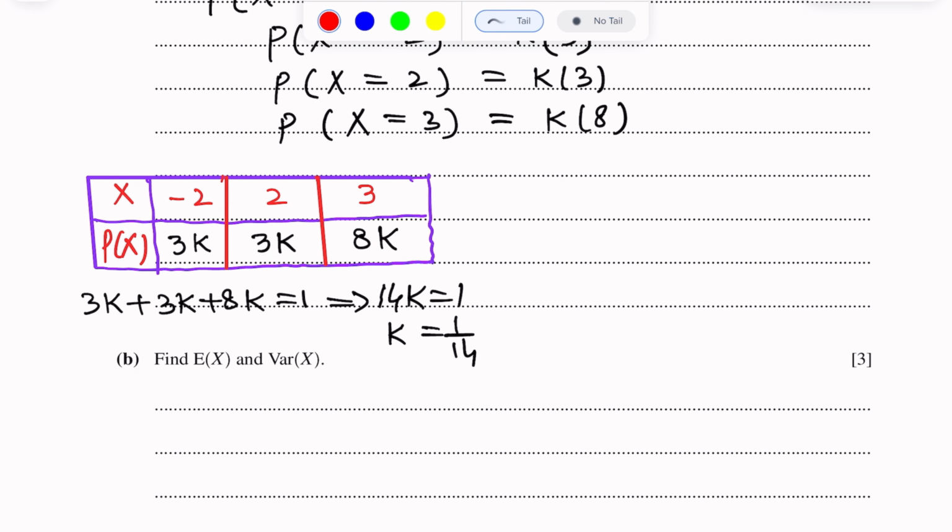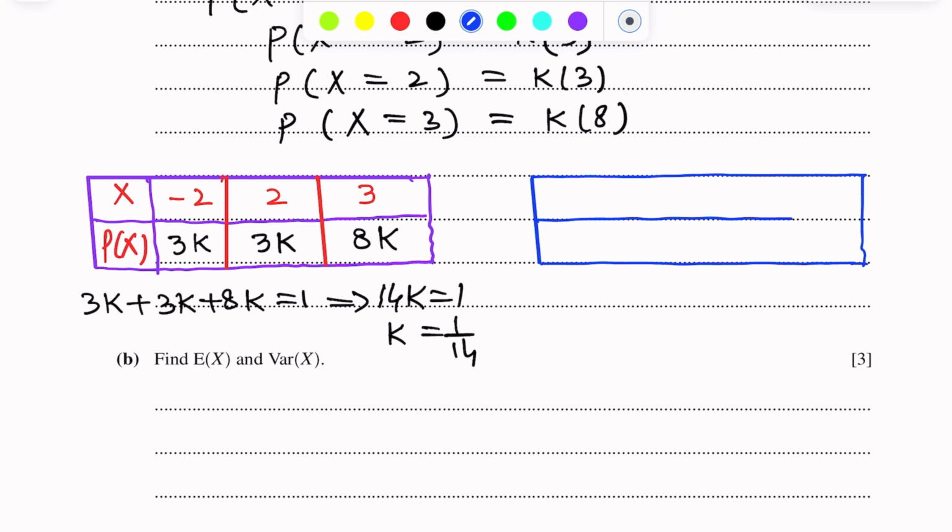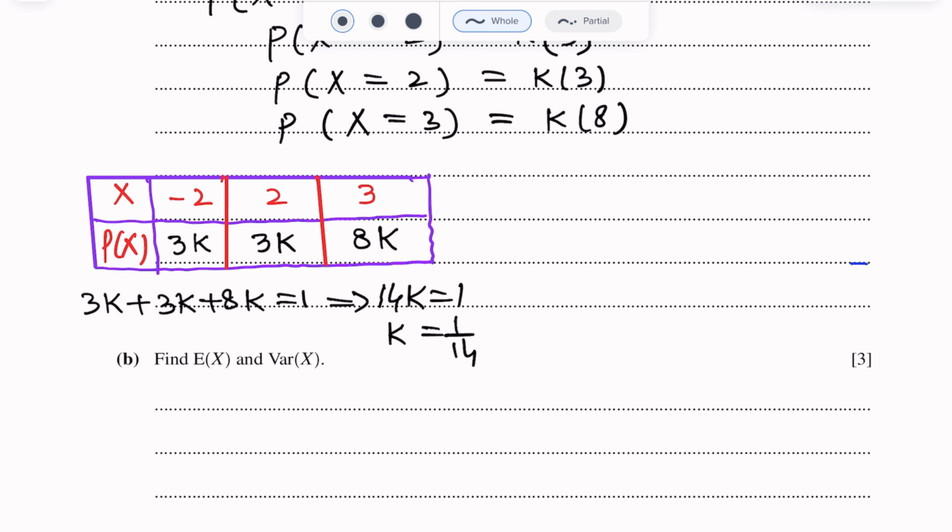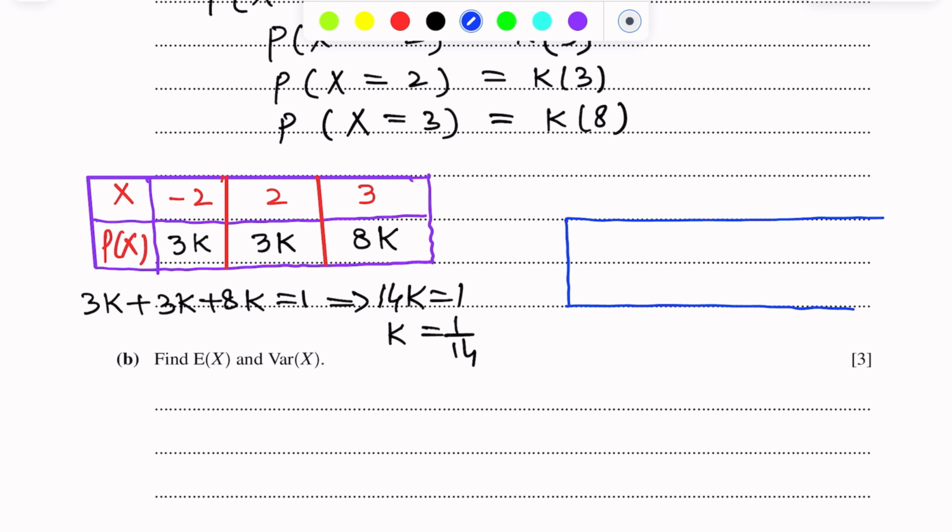Again constructing the table, x and probability of x.